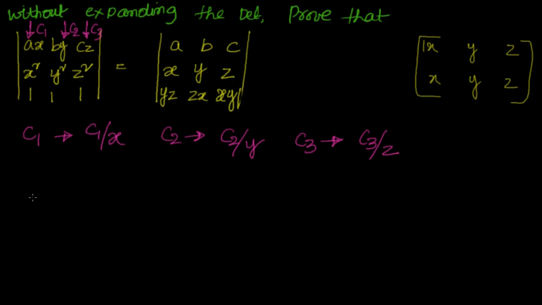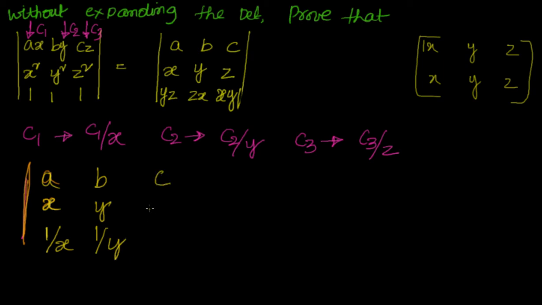Now how this will become, then, you will have C1 by X. That means I'll have A, I'll have X, then I'll have 1 by X. Similarly, I'll have B, I'll have Y, and I'll have 1 by Y. Similarly, I have C, I'll have Z, and I'll have 1 by Z. Now, what have you taken?